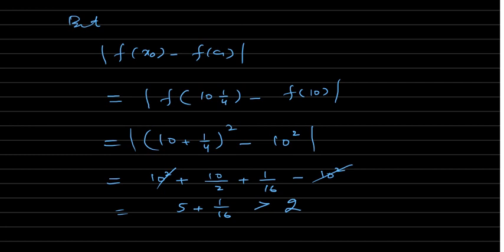So therefore the value of delta which you had taken, 1 by 2, is good for a equal to 1 but not for a equal to 10. So therefore delta equal to 1 by 2, it works for what?